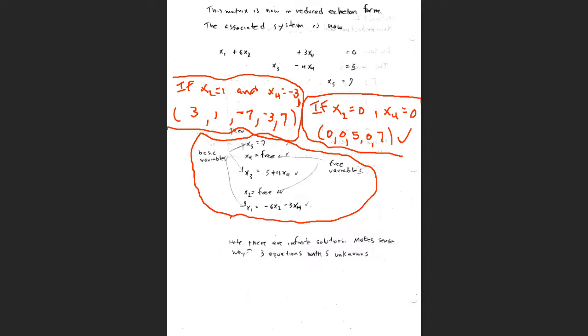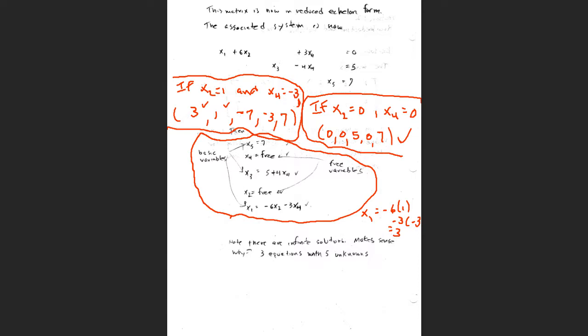Okay, let's check that out. So let's see, x1 would be -6 times 1 minus 3 times -3. Yeah, that does equal 3. I agree. So the 3 is right. So 3 is good. 1 is good.